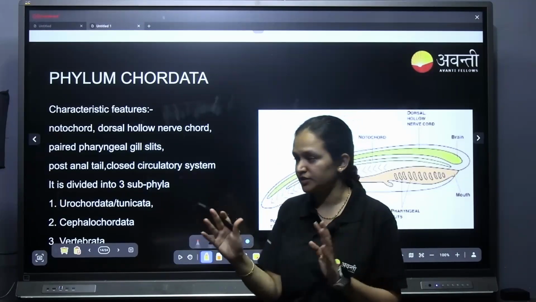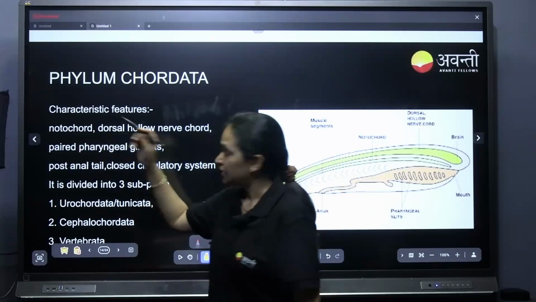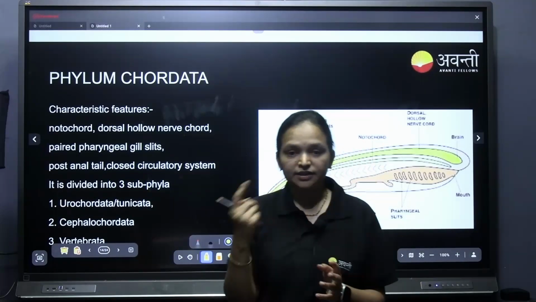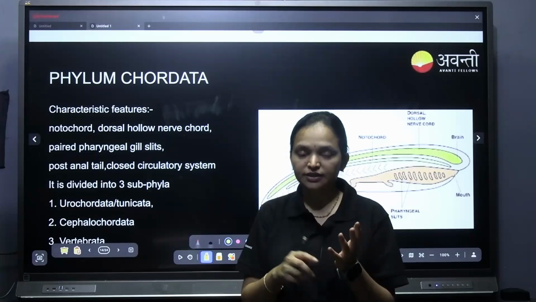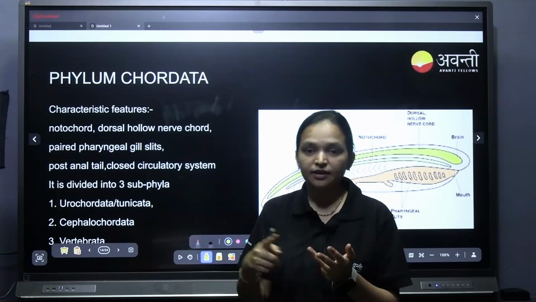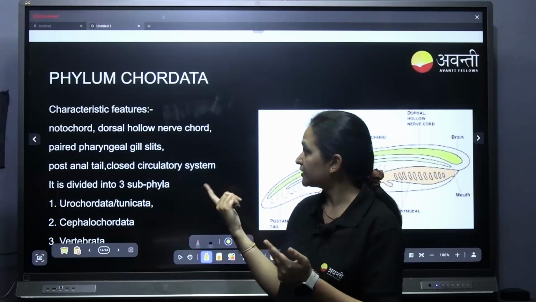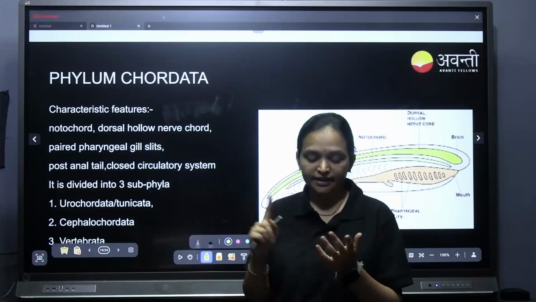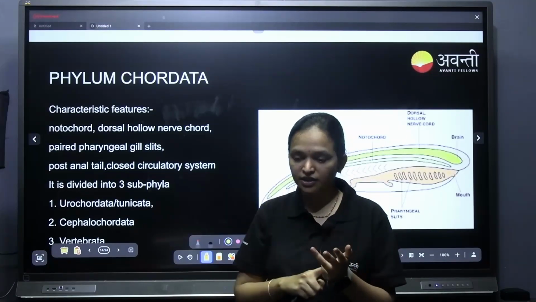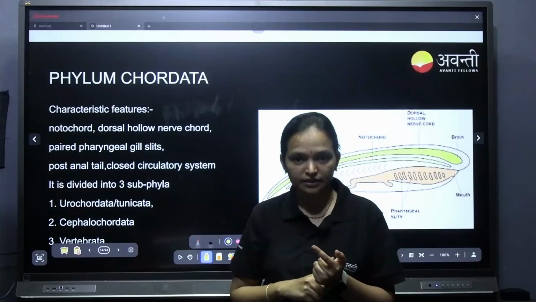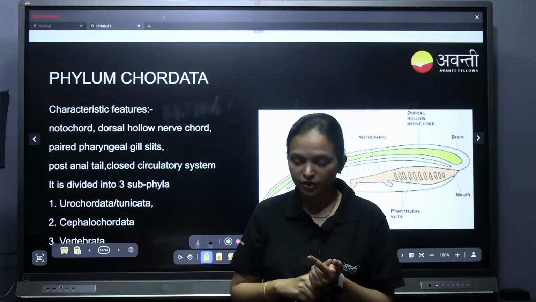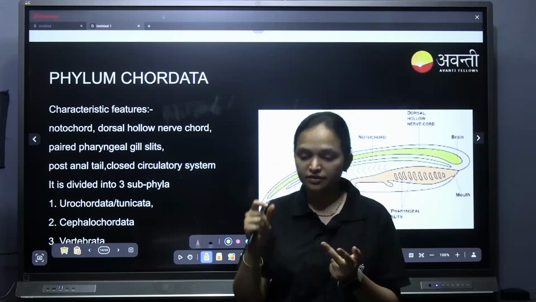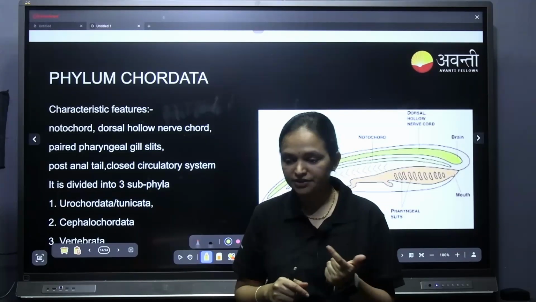In chordates, notochord is present, and the neural system, if you take the non-chordates, is ventral, solid and double, but in the chordates it is dorsal, on the backside, hollow and single. Dorsal, hollow and single in chordates, and double, ventral and solid in non-chordates. Understood?